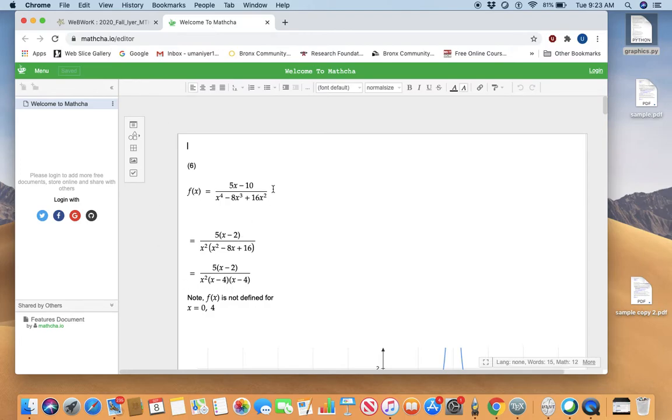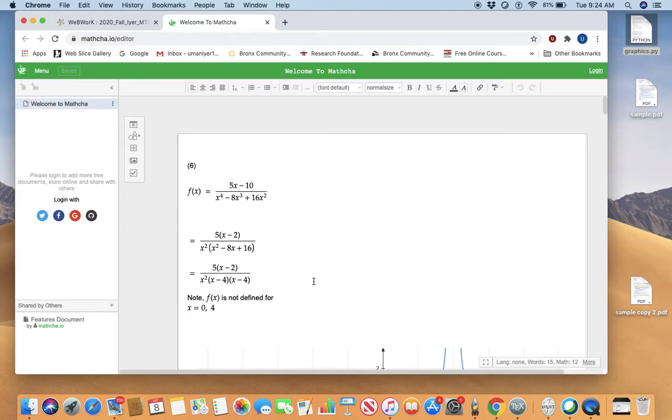So this is your rational function. Let's factor numerator and denominator. Well, primarily denominator. x squared is common. What's left is x squared minus 8x plus 16. This also factors. So my function f(x) is not defined for 0 because of that factor and 4 because of this factor.